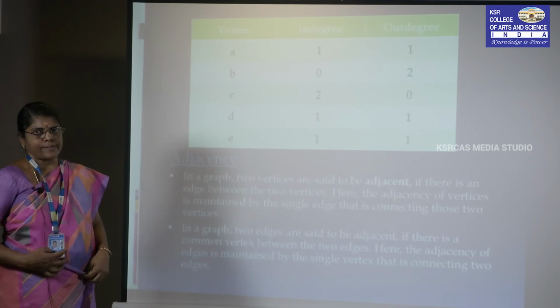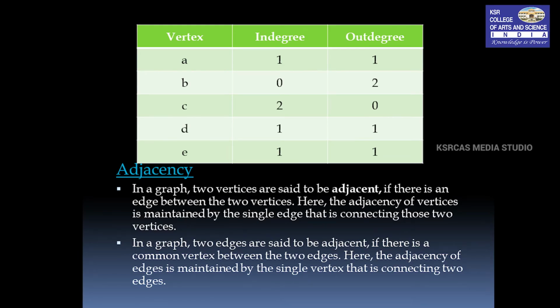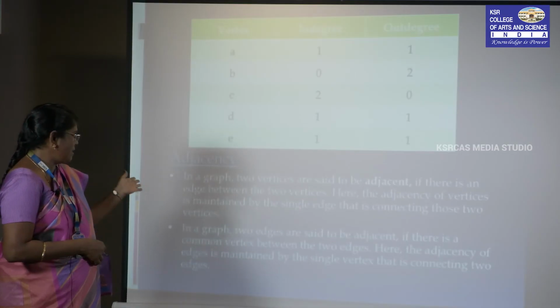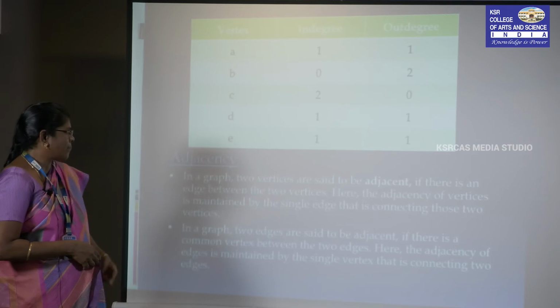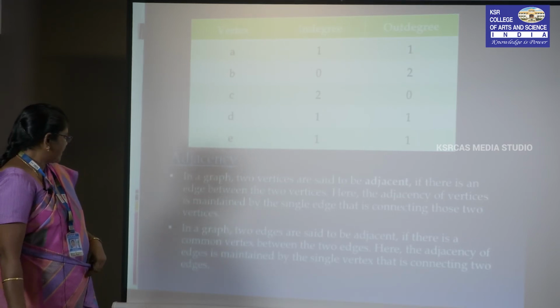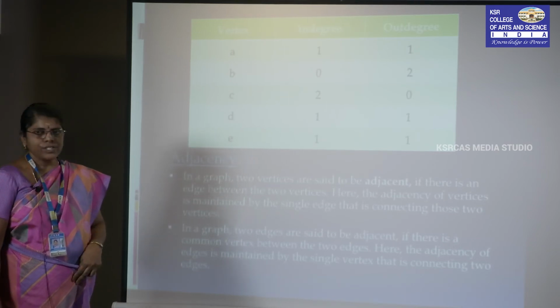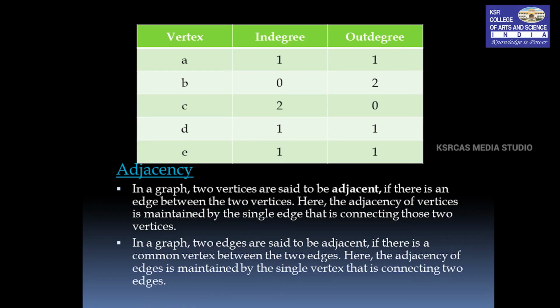Next, adjacency. Adjacency of a vertex means the number of edges which are adjacent with the vertex V. That is, the number of edges incident with the vertex V is called the adjacency of the given vertex. Here the adjacency of vertices is maintained by a single edge that is connecting those two vertices. In a graph, two vertices are said to be adjacent if there is an edge between the given two vertices.